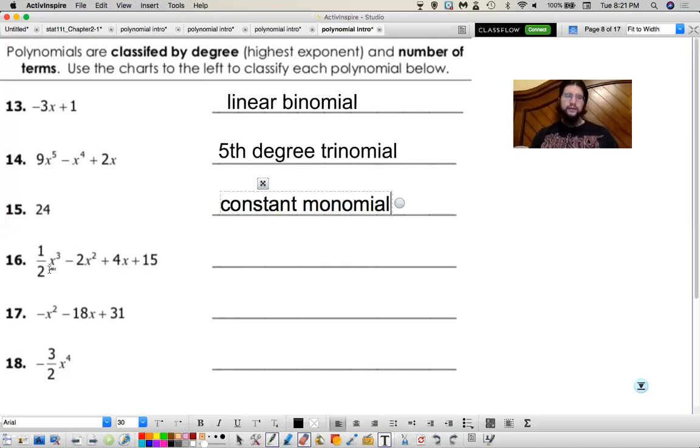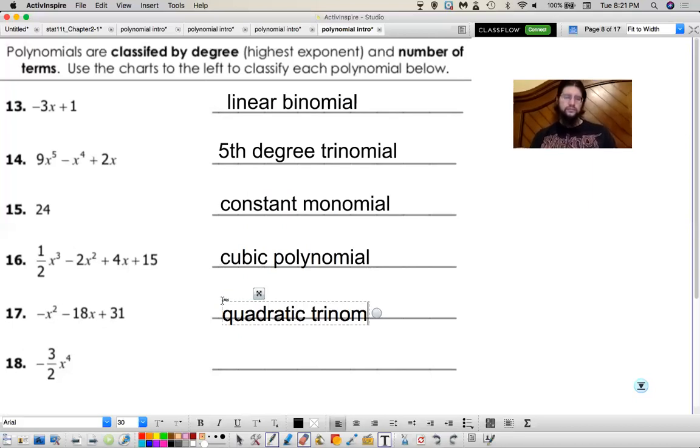This is cubic. 1, 2, 3, 4 terms, so it's a cubic polynomial. Second degree, so that's a quadratic trinomial. Fourth degree, so that's quartic, or we'll just call it fourth degree.